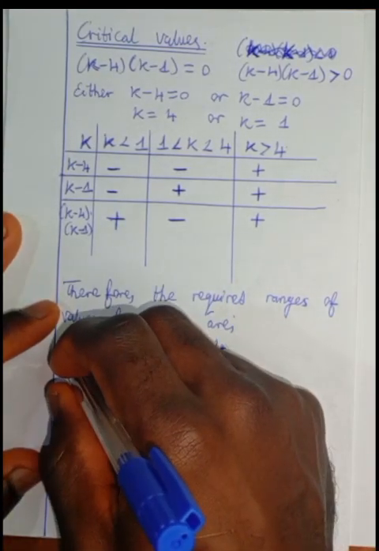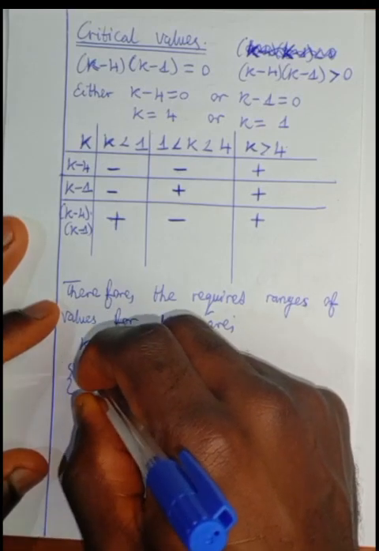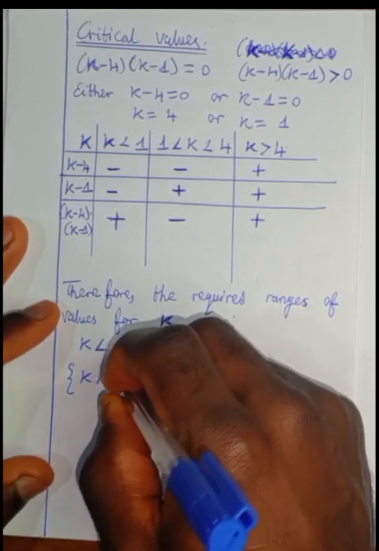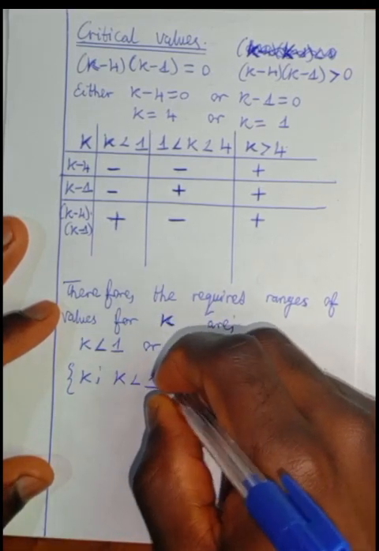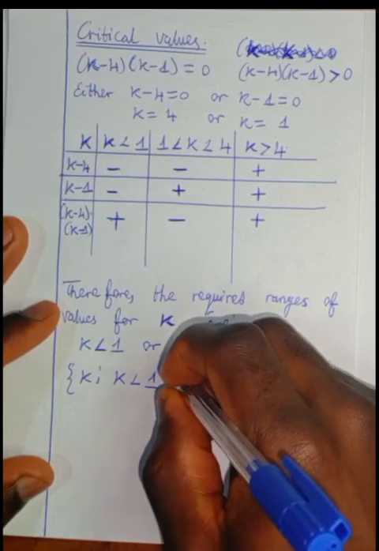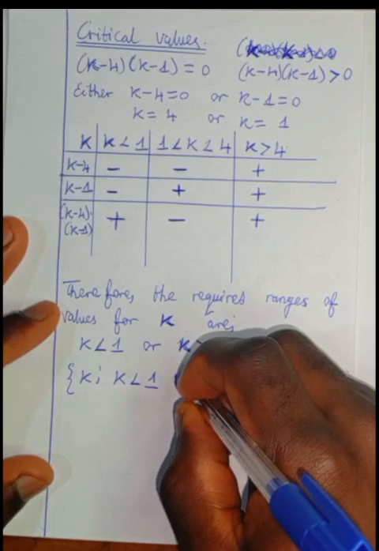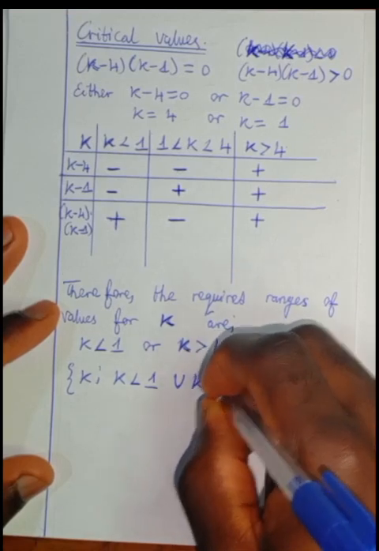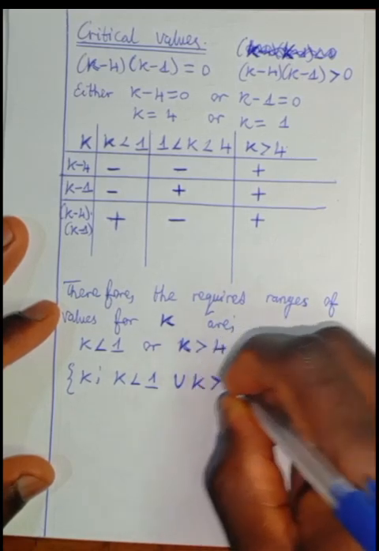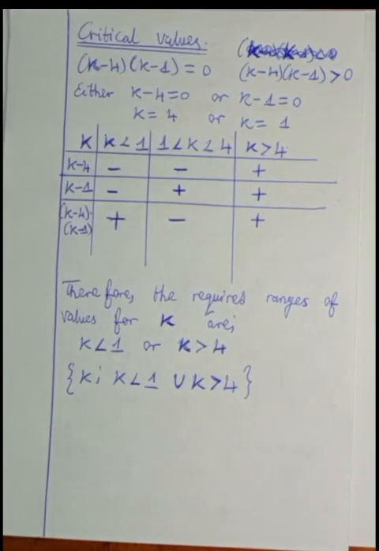We are going to give it as such: k such that k is less than 1 union k is greater than 4. So this will be the required set of values such that if you insert them in our quadratic equation, the quadratic equation will have two real distinct roots.